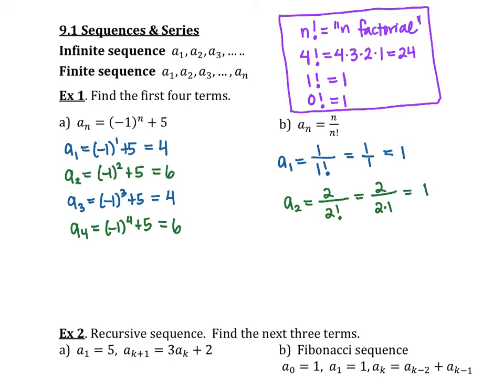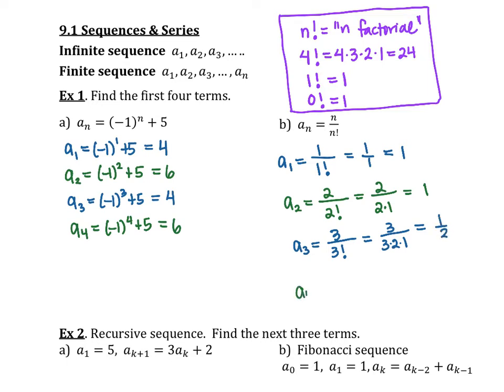Okay, for the third term, 3 over 3 factorial. 3 over 3 factorial is 3 over 3 times 2 times 1. The 3's cancel, so I'm left with 1 over 2.